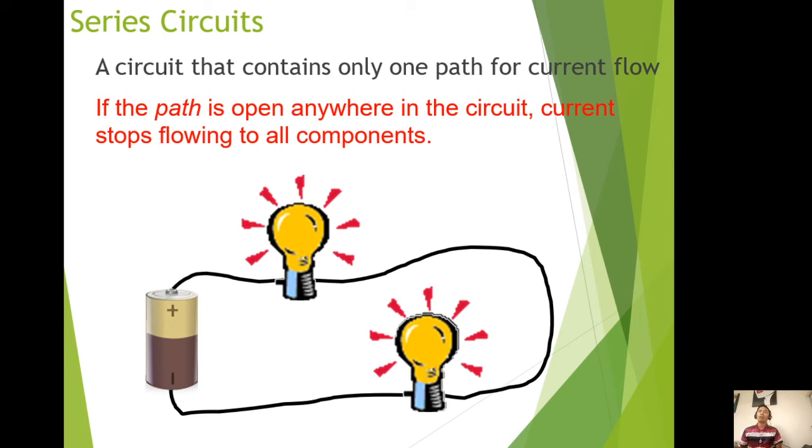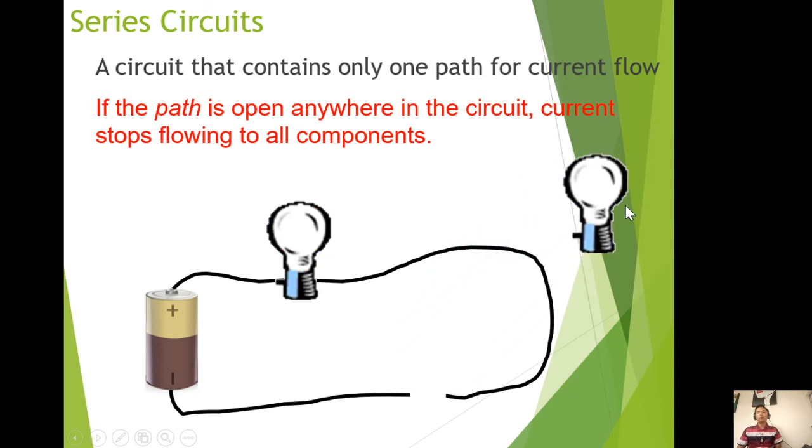For example, if you remove the second bulb, the current will flow from positive, conventional flow, to the first bulb, then goes here, and then until here.